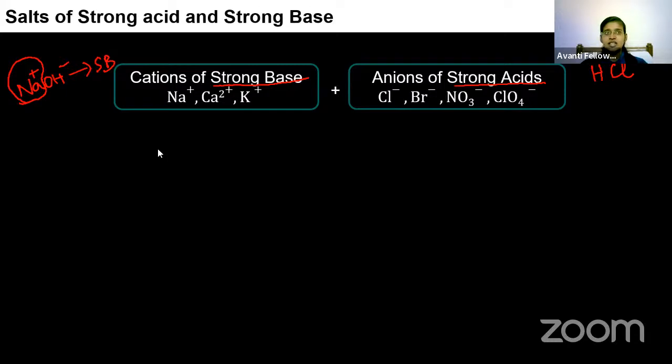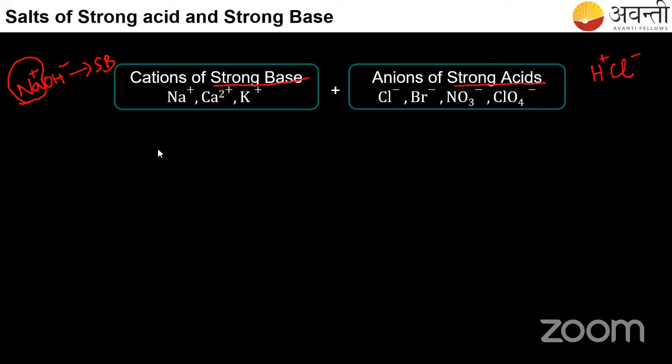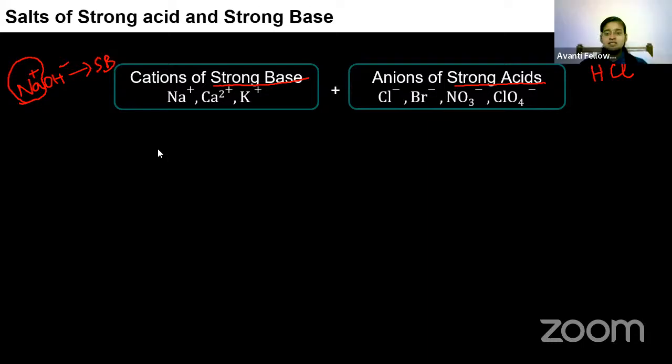It has H plus. So the example for strong acid is HCl. So it has H plus and Cl minus.